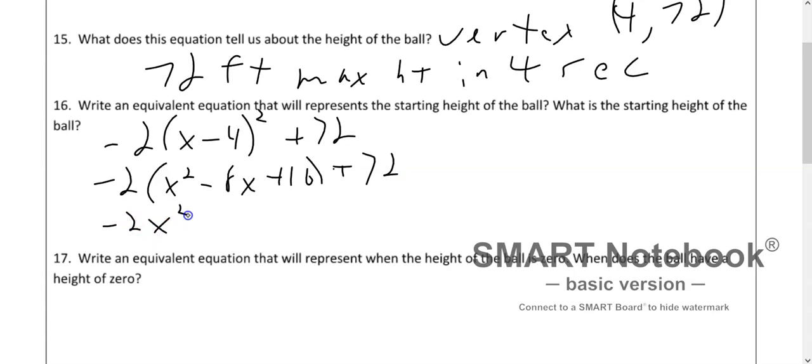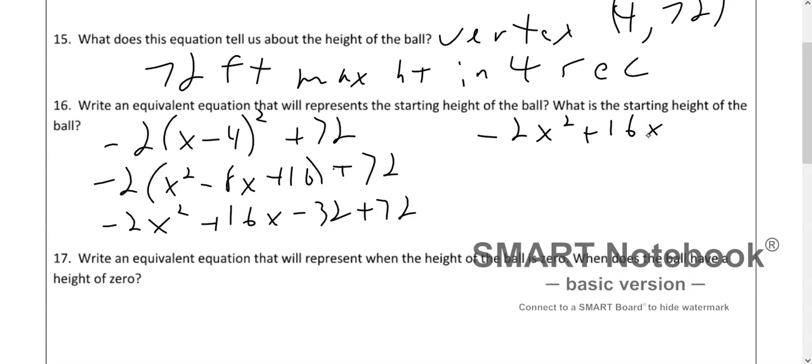So negative 2x squared plus 16x minus 32 plus 72. And that simplifies to negative 2x squared plus 16x, and 72 minus 32 is 40. So remember, my C is my starting height of 40 feet. That's where it was launched from.